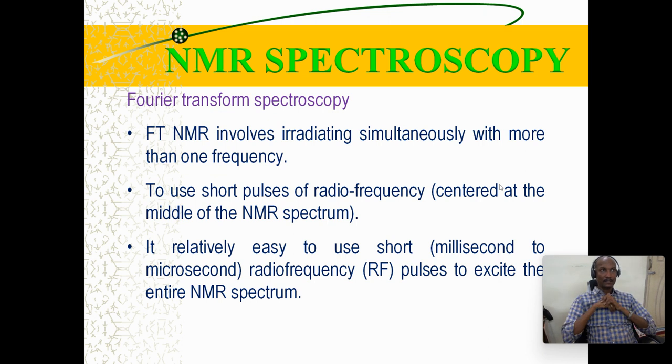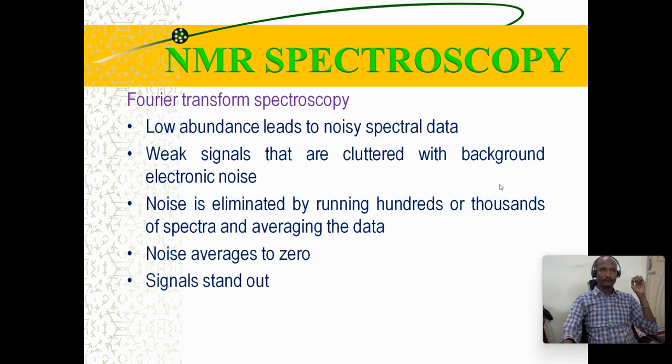One more important thing is that the short burst of energy is the Fourier transform. It is relatively easy to use, with a short radio frequency pulse to excite the NMR spectrum. The time is very short, from milliseconds to microseconds.